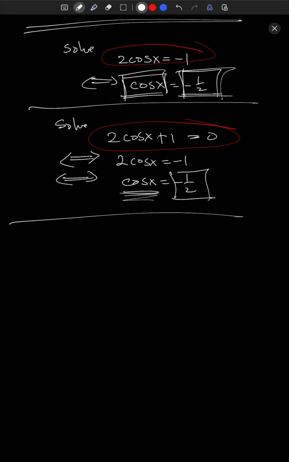And of course the same with sine. So maybe I have: solve 4 sine x plus 2 root 3 equals 0. Again, it looks really nasty, with all sorts of things being added to each other.